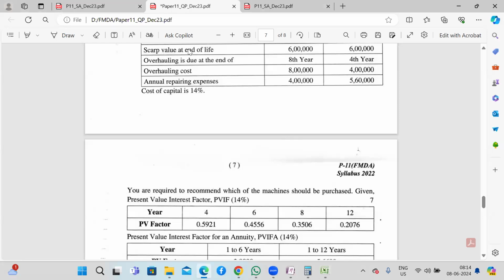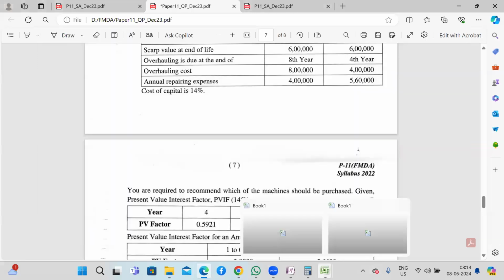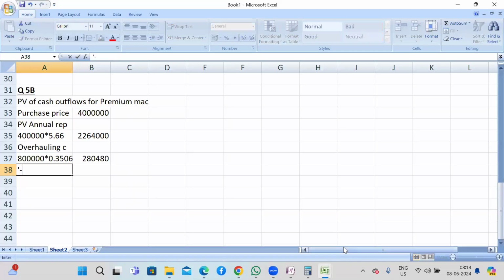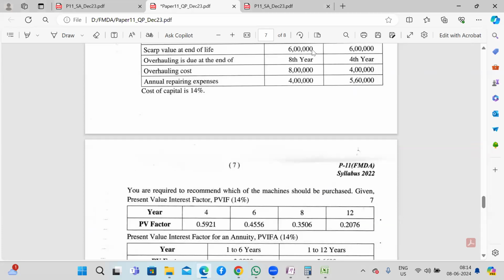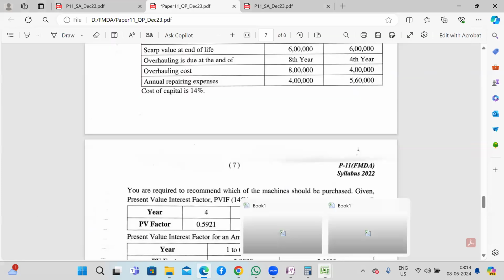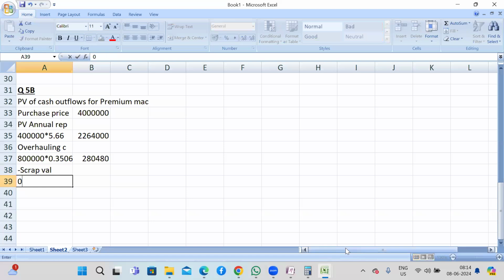So here scrap value at the end of the life is 6 lakhs, which will be realized on the 12th year. So this is an income for me. So less scrap value. How much am I going to realize? 6 lakhs at the end of their life, so that means 0.2076 into 6 lakhs.